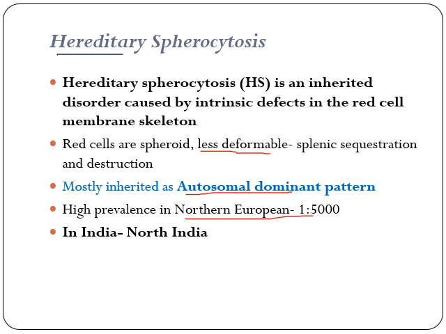So, the ratio is 1:5,000. Talking about India, it is very common in the northern part of India. So, again in short, hereditary spherocytosis is an inherited disorder where there is an intrinsic defect in the red cell membrane, and this is mostly an autosomal dominant pattern.